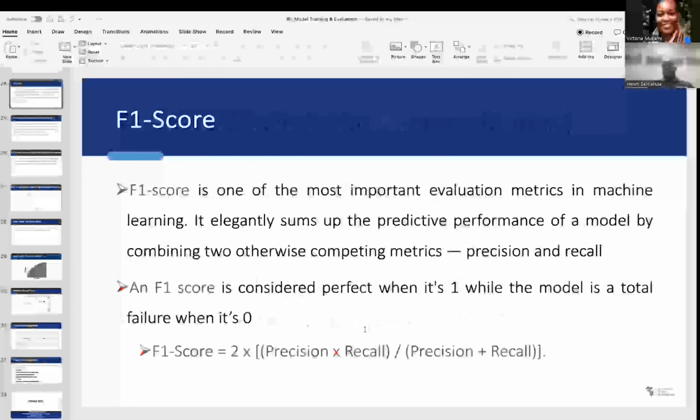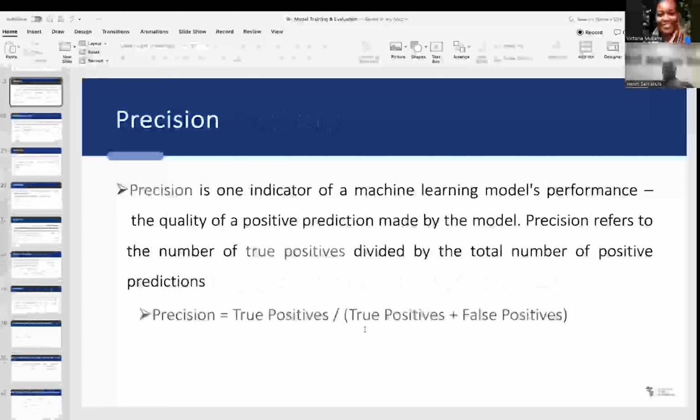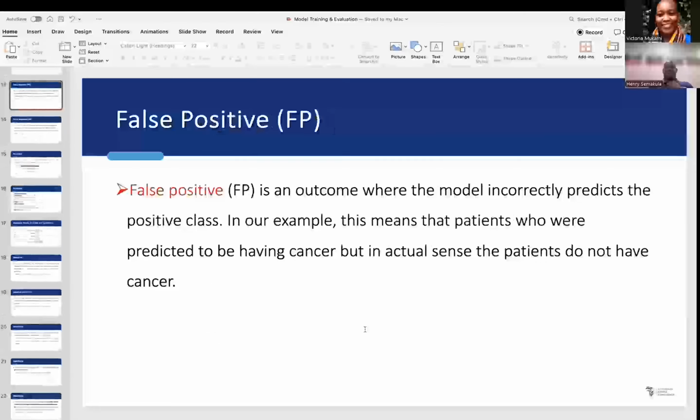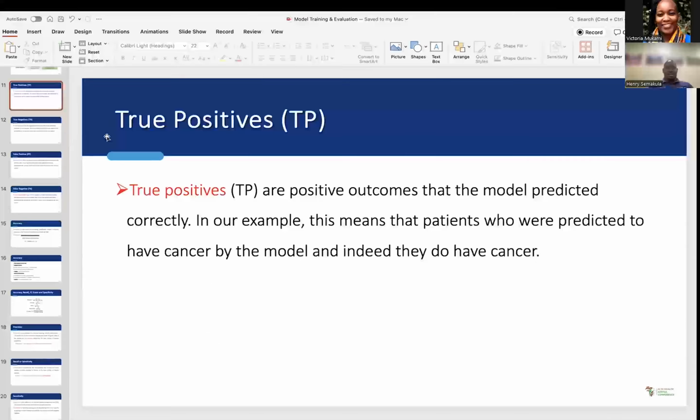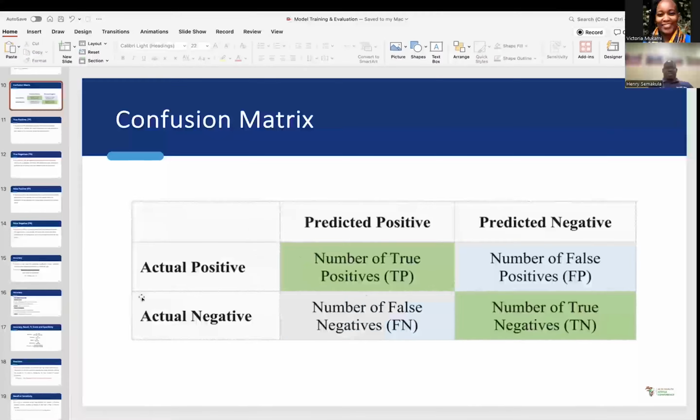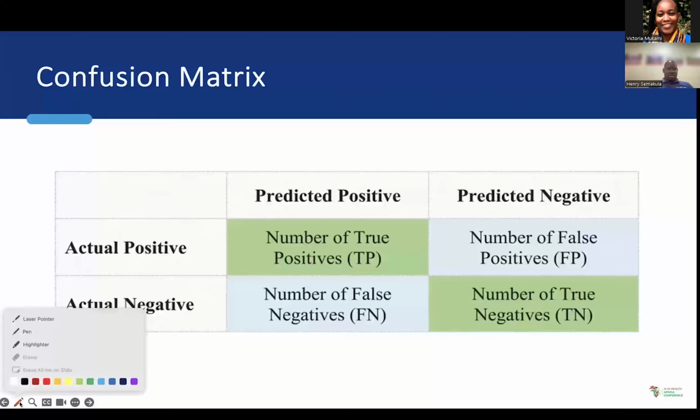For example, if you come up with a confusion matrix, you find out that you have lower values. Sorry, let me share my screen again. Let me put it in presentation mode and get a pen. How do I get to know that my model is underfit?